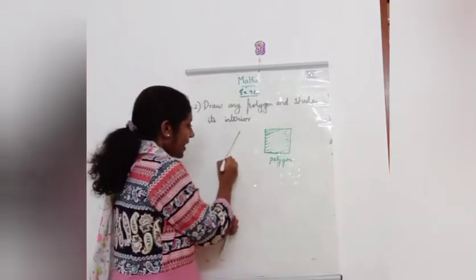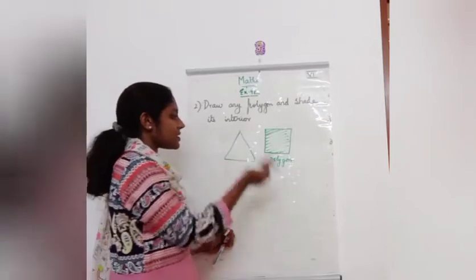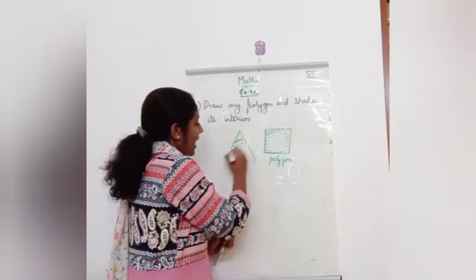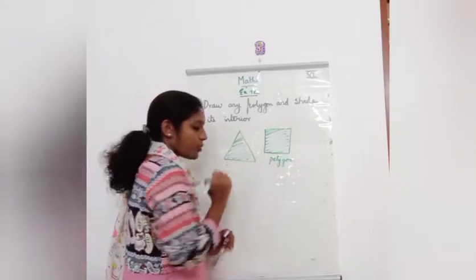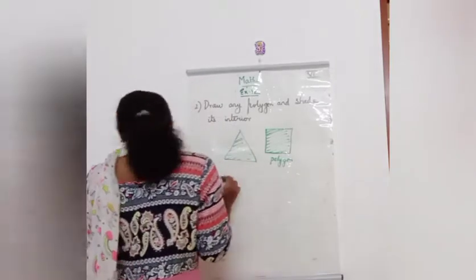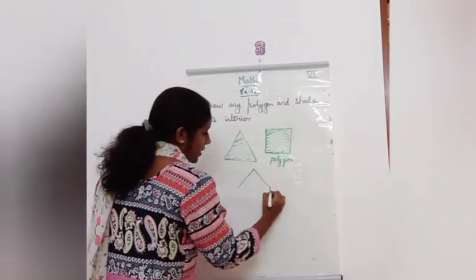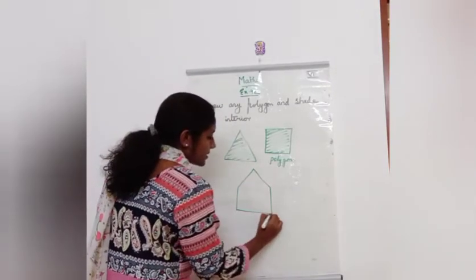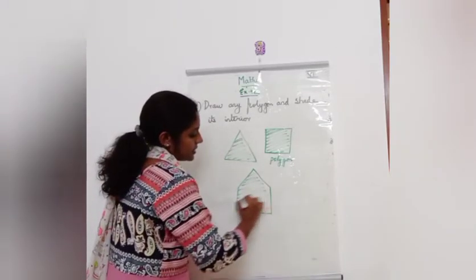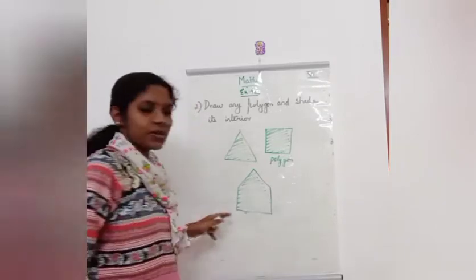If you draw a triangle, this is also a polygon because it is a closed curve and it is made up of line segments. When you shade it, it is also a polygon. Or when you draw like this, this is also a polygon, and shade the interior. Many examples you can draw.